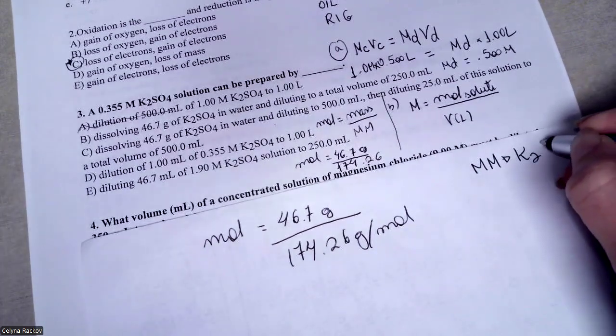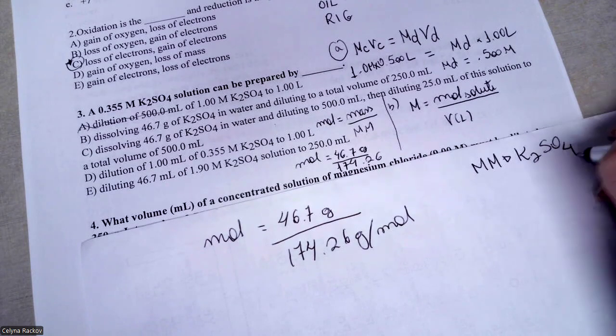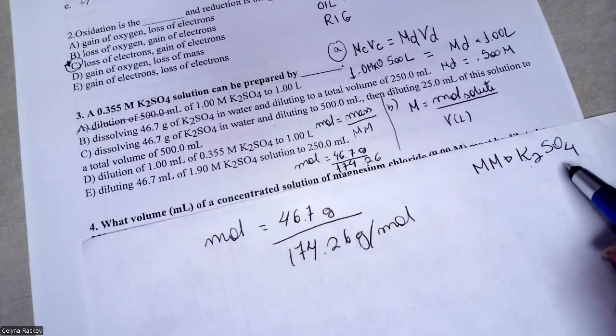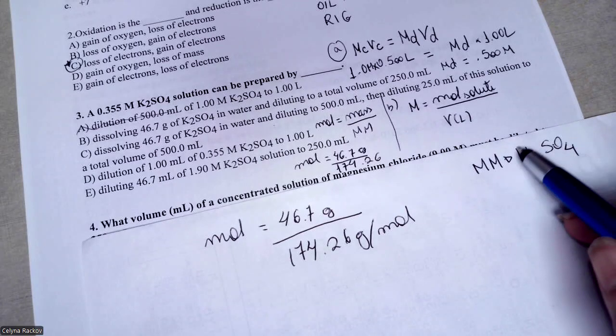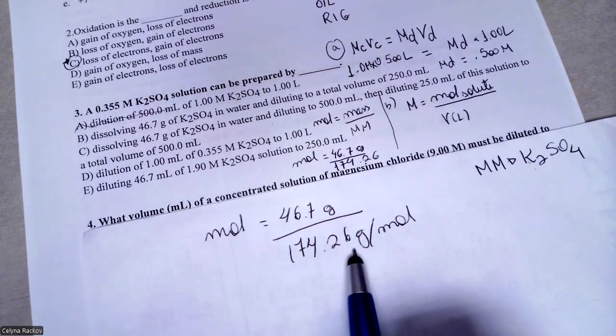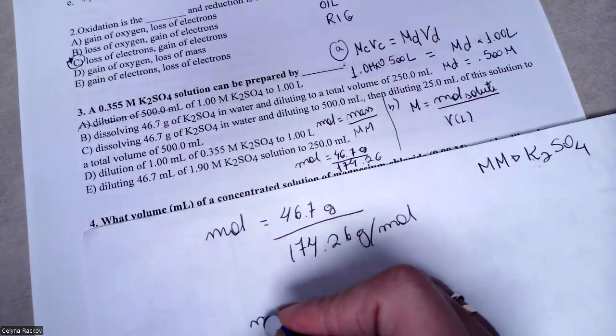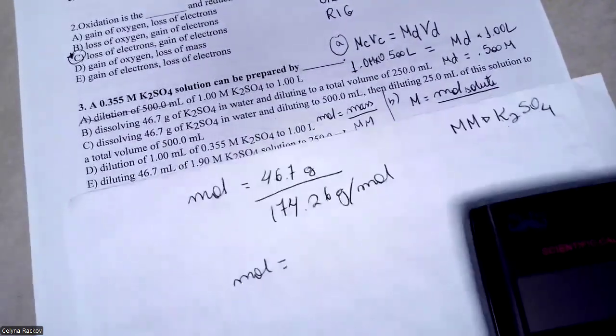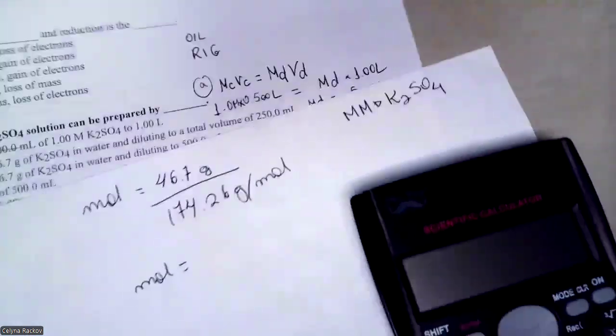That you find from the periodic table: the molar mass of potassium times 2, then sulfur, then oxygen times 4, and then add up everything. You should find this molar mass here, right? Now let's divide 46.7 divided by 174 here.